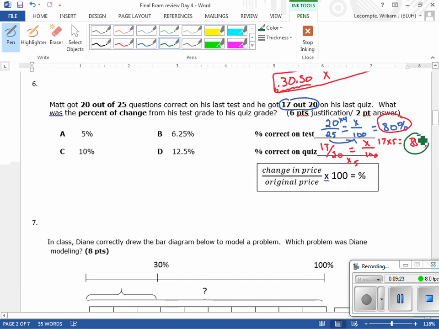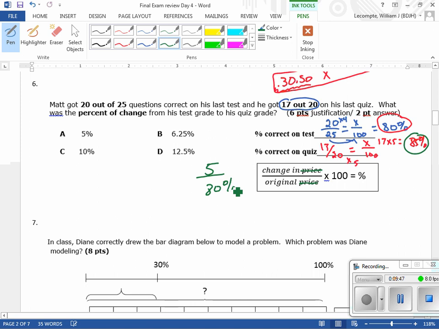Okay, so the change, not in price but in percentage, was 5. And that's over my original, which is 80.